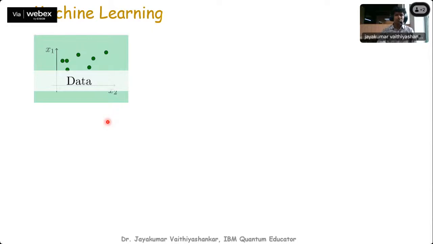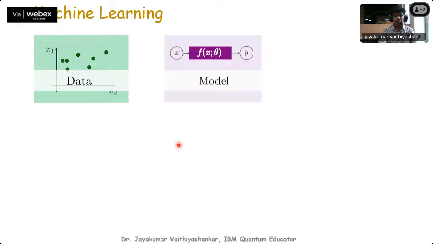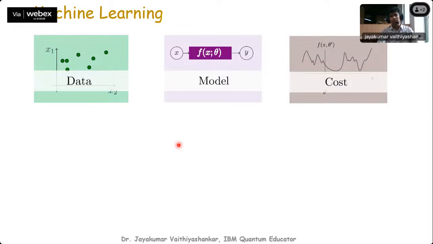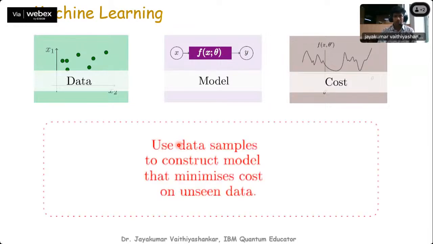So let's have a quick comparison about machine learning. For machine learning, we need to have data and we need to train our model. Then we can predict and minimize a cost function. By using data samples, we construct the model, and it should provide the minimized cost.